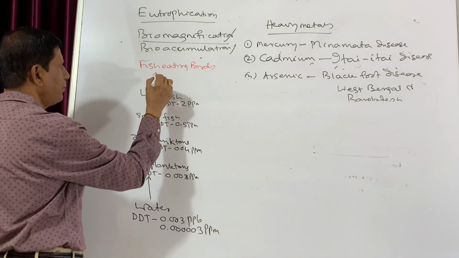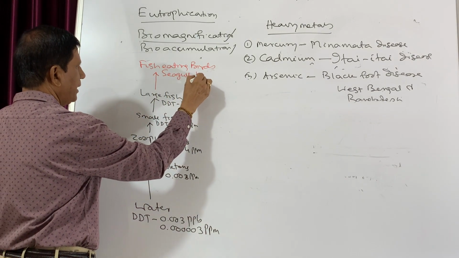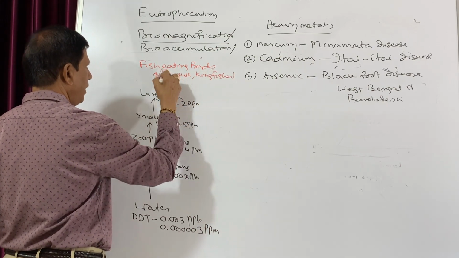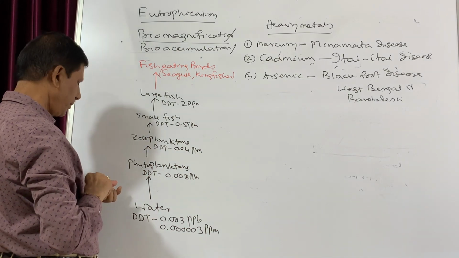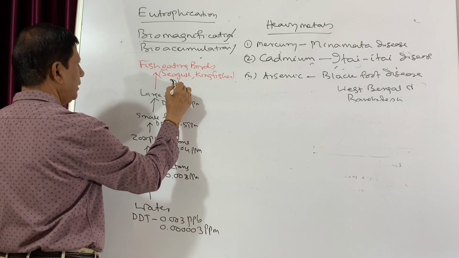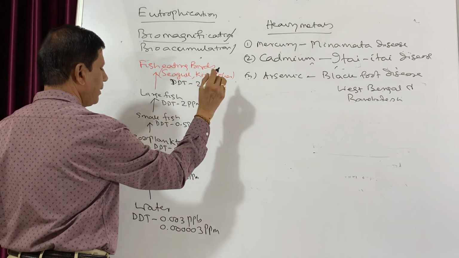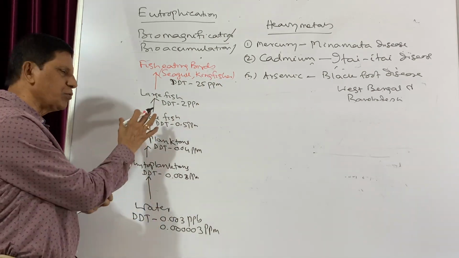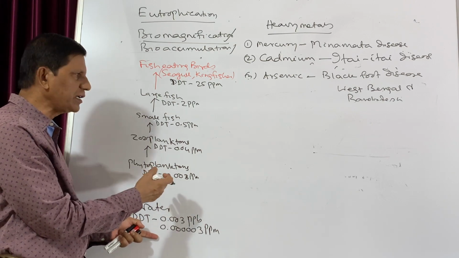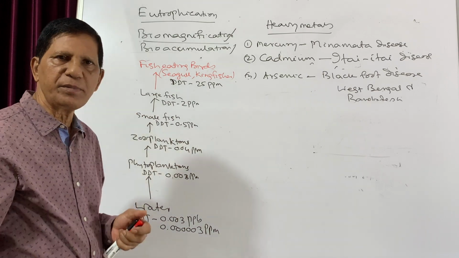I am giving some examples: it may be a seagull or a kingfisher, where the amount of DDT can go to the extent of 25 ppm. That means through this food chain, the concentration of DDT is accumulated, and this is one of the best examples.